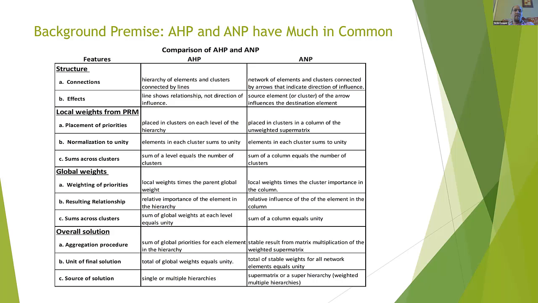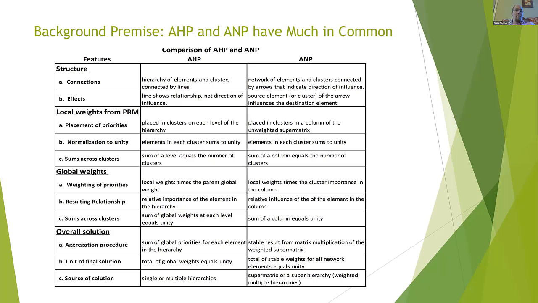Then we have the issue about normalizing to unity. So again, we're thinking about how the units between the vectors relate. And when we sum across clusters, we do it at equal levels in the hierarchy. We also have to think of that as the clusters in the hierarchy, and then how the hierarchies relate through the supermatrix.